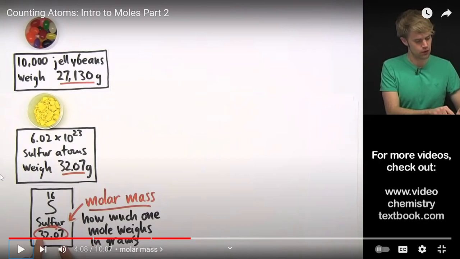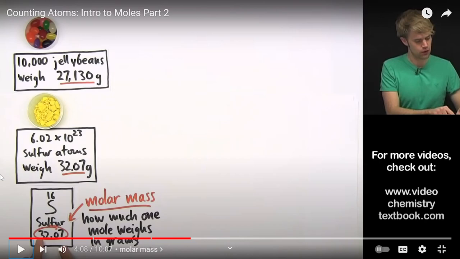Okay? And if you're like, that didn't make any sense to me, don't worry, you don't actually have to understand that scaling factor. But as long as you know that our molar mass, the mass of 1 mole, is the same number as the atomic mass. The only thing that's different is the units, but the number is the same.